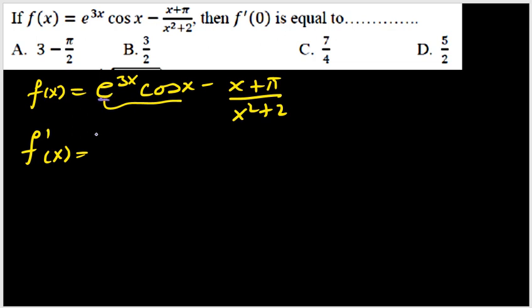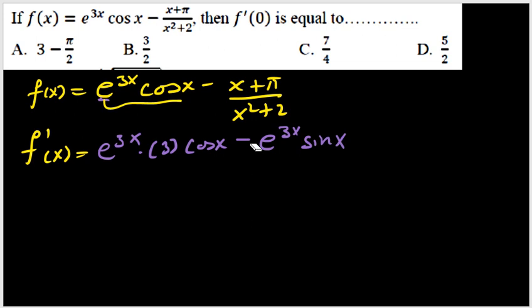The derivative of e to the power of 3x is e to the power of 3x times 3, then cos x, plus the cosine derivative, which will be a negative sign, so I can write here minus e to the power of 3x sine x. From where does this minus come? From the derivative of cosine.